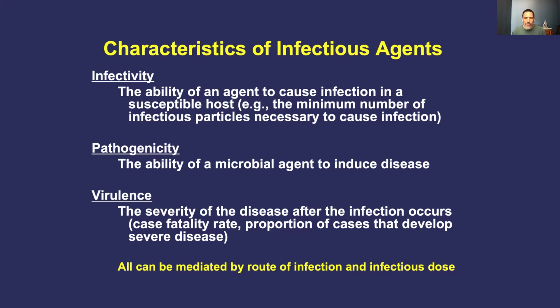And finally, virulence is the severity of the disease after the infection occurs. And it's measured by things like the proportion of cases that develop severe disease or the case fatality rate. And all of these can be mediated or influenced by the route of infection or the infectious dose at the time of exposure.